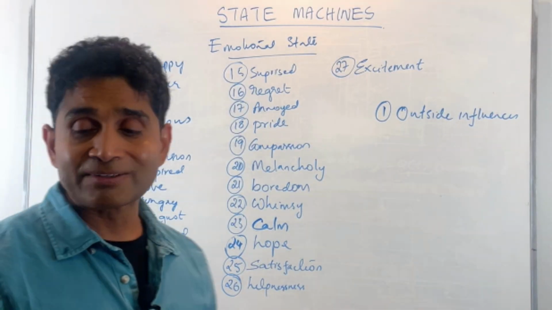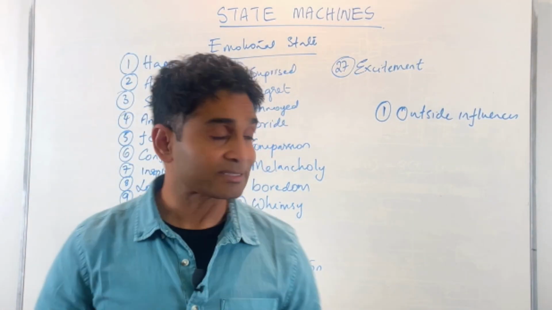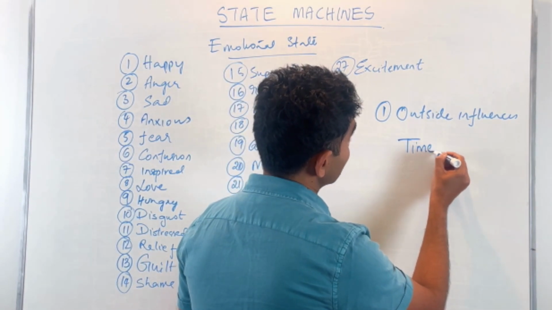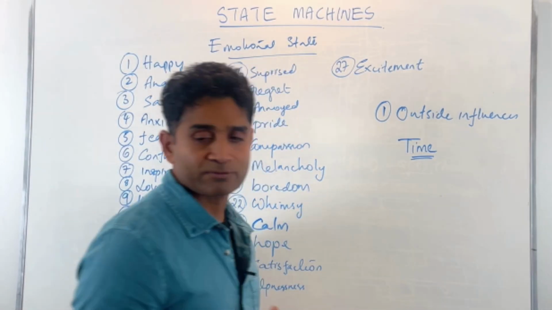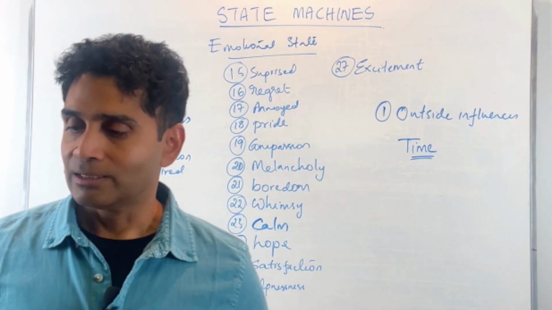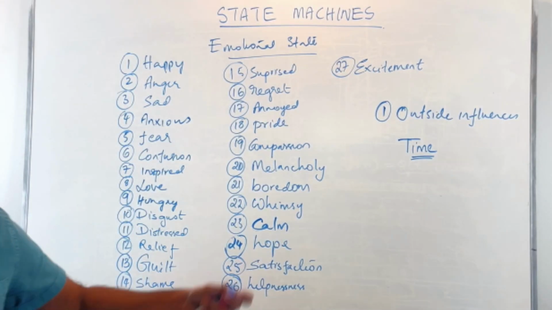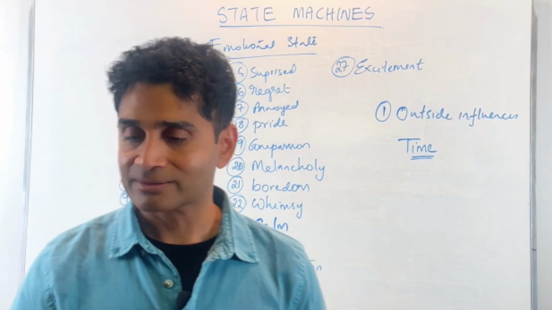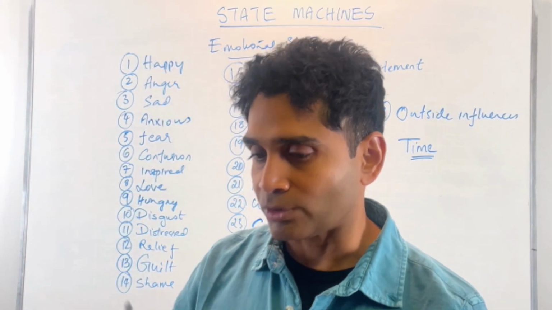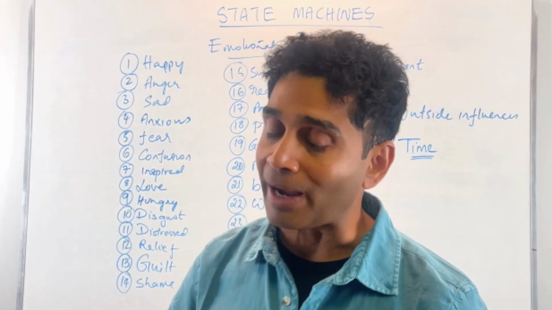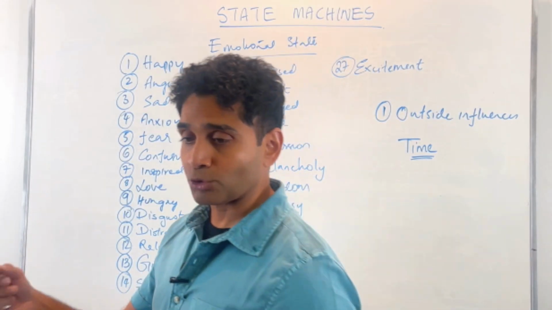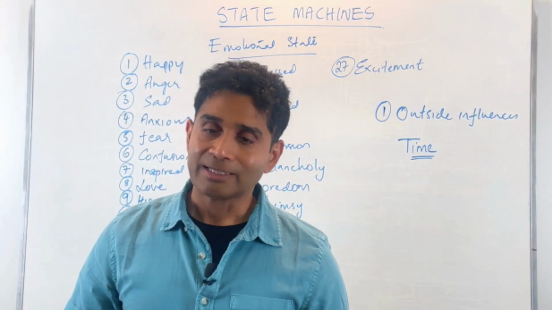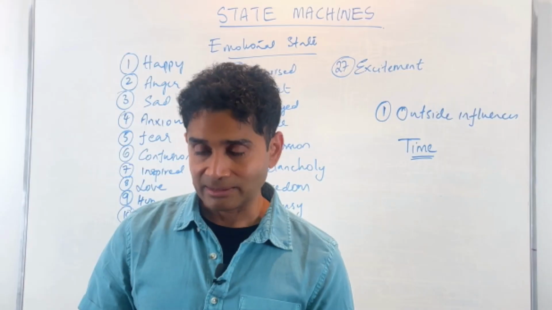But the thing that facilitates those state transitions is time. We have this feeling of time, the movement of time. We can feel it, right? And time is the thing that facilitates us from one state to the next. Of course, the outside influences, or internal talk, determine what states I'm going to be in.